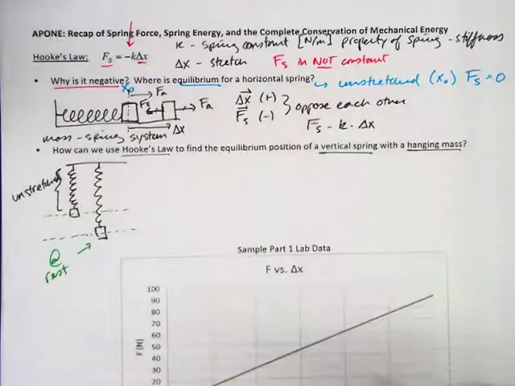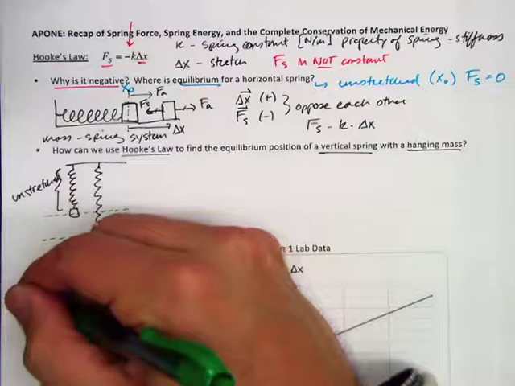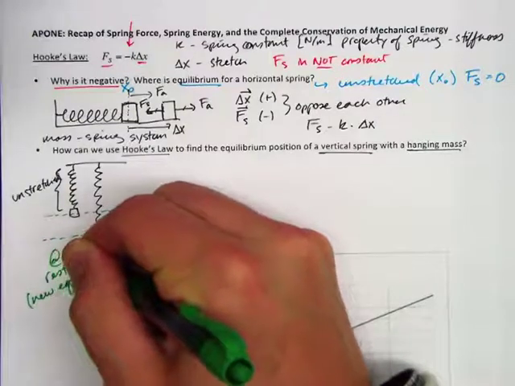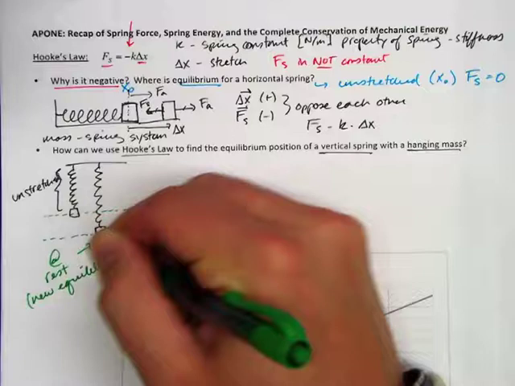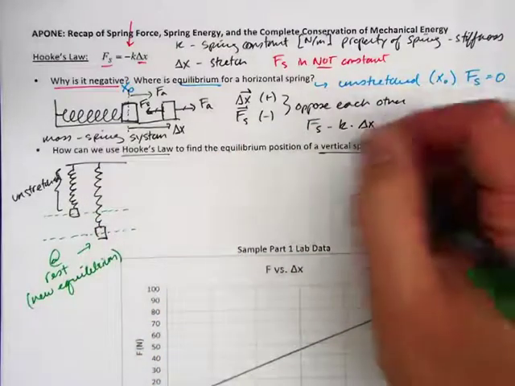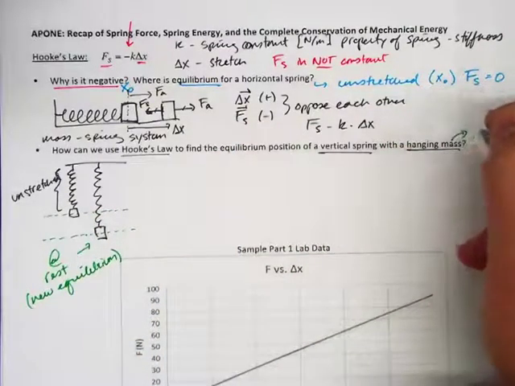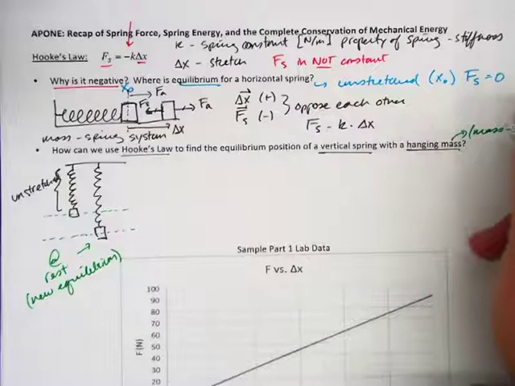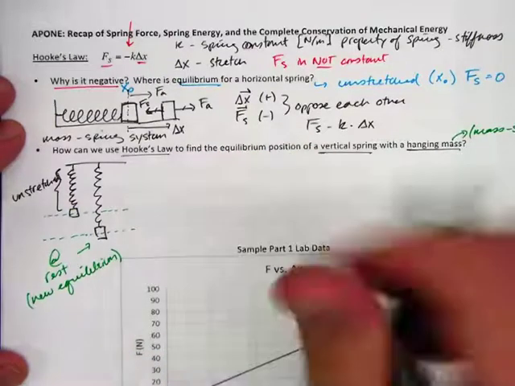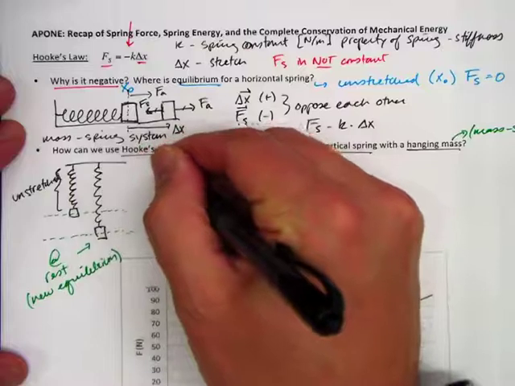And this is a new equilibrium, or we would say equilibrium for a vertical hanging mass system. This is a mass spring system. Okay, so if we look at the forces on the hanging mass at equilibrium, let's look at the free body diagram.